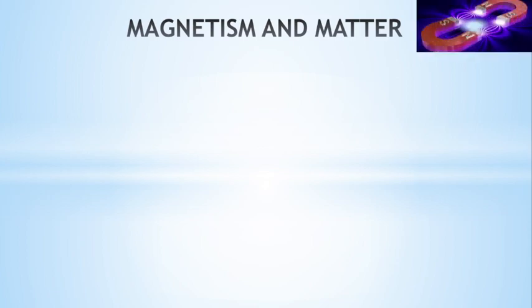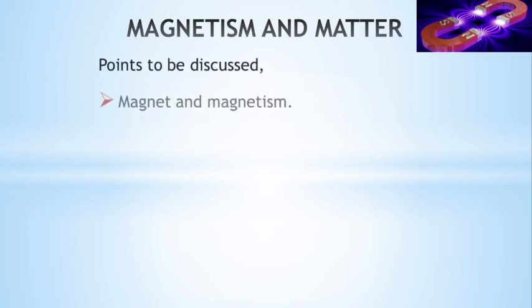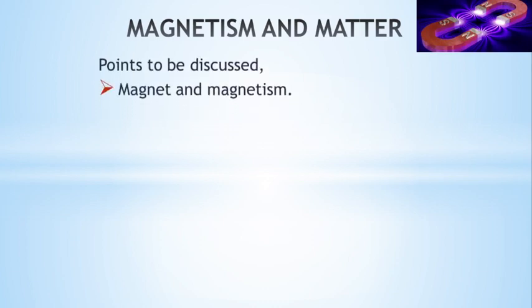Okay, in this session, we will learn point number one, the meaning of magnet and magnetism. The second one, types of magnet. That means how many types of magnets are present and what are the properties of their magnet.